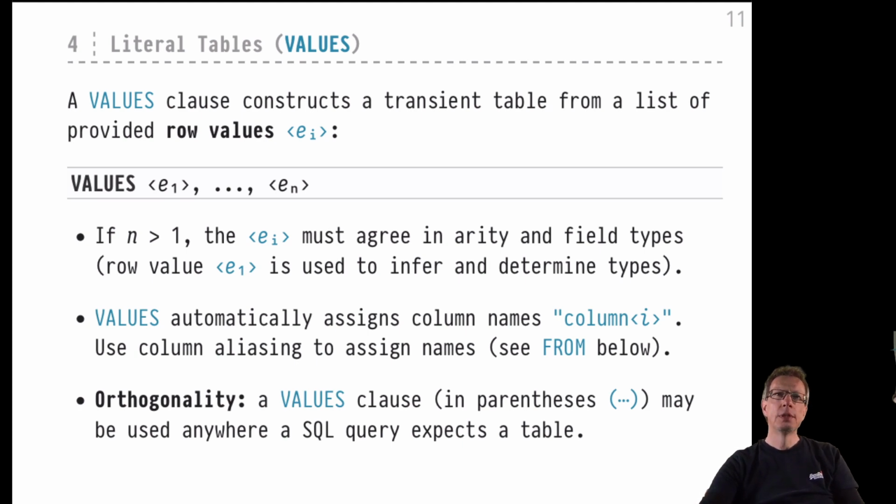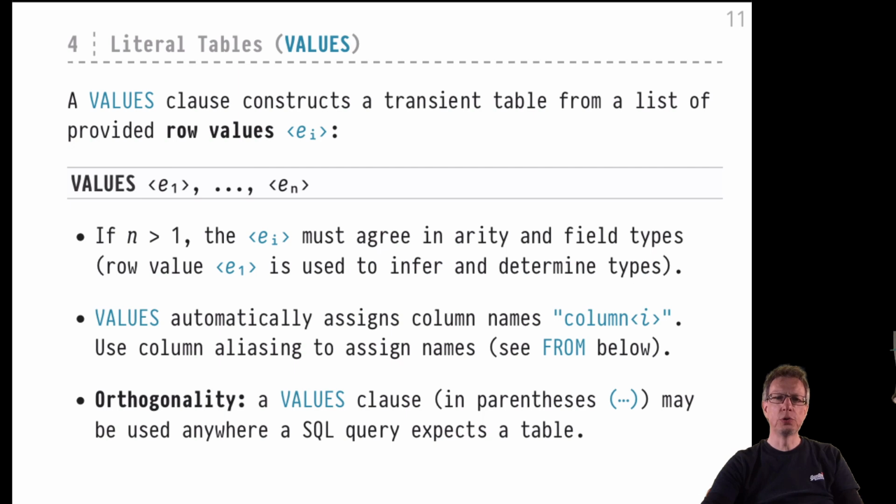Okay, so before we come to the from clause, let's talk about a clause that is normally not often seen and not often used. It's the values clause that is being used to introduce constant tables, literal tables.